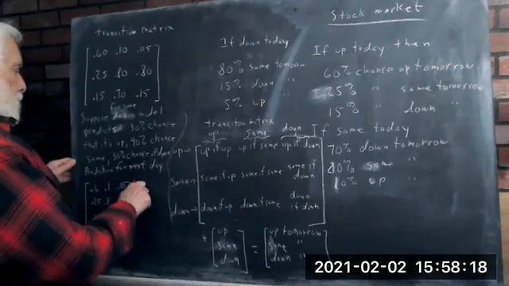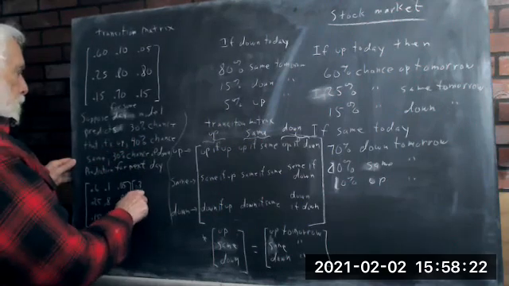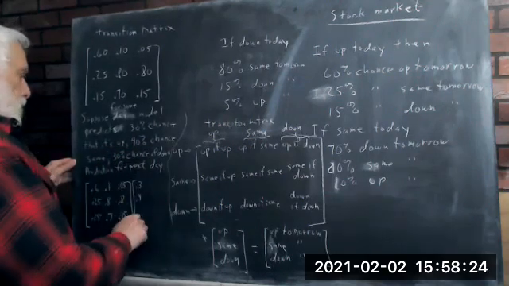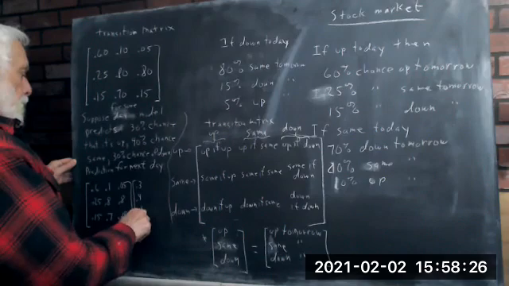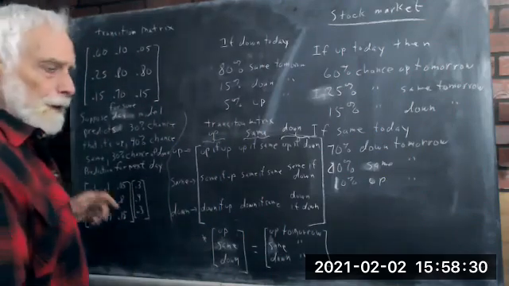So it's going to be 0.3, 30% chance that it's up, 0.4, 40% chance it's the same, 0.3, 30% chance that it's down.